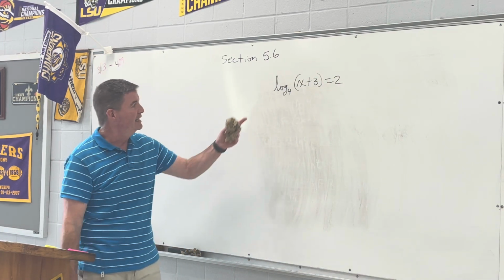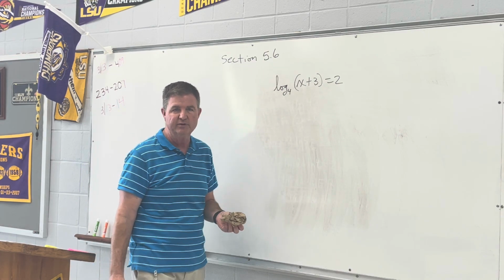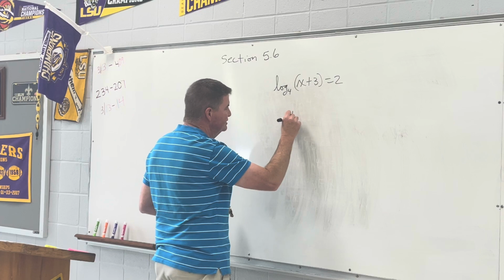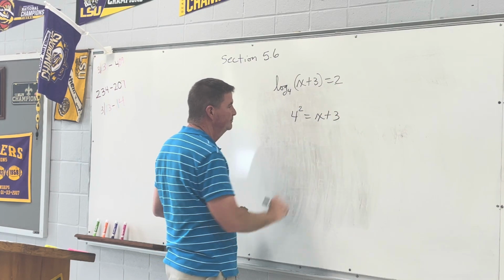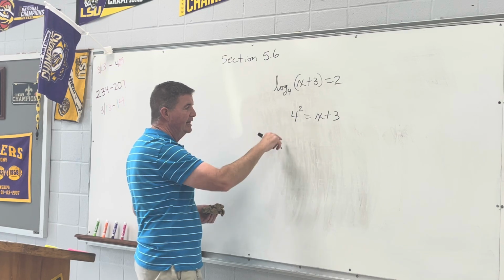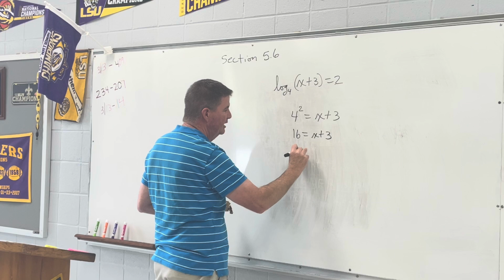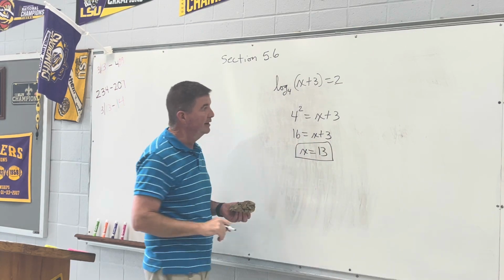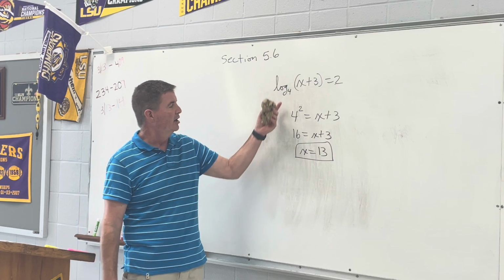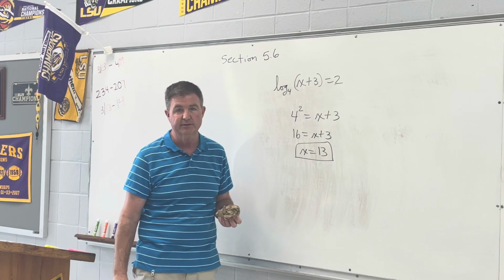I'm going to rearrange this as an exponent, and it makes a lot more sense. The base is 4 to the second power equals x plus 3. And now we just do the operations. 16 equals x plus 3. X equals 13. That would be our answer. So change the log to an exponent and then do your operations in order to solve.